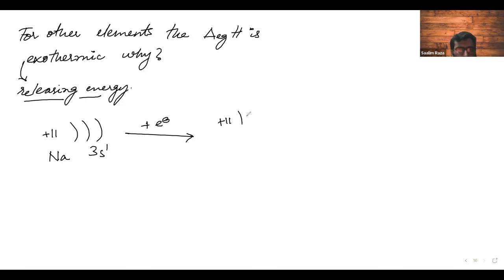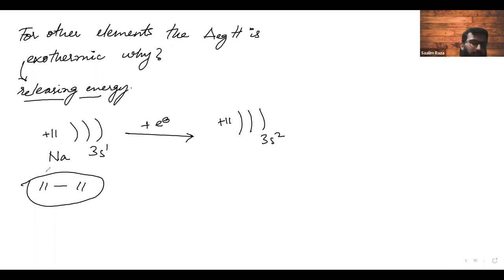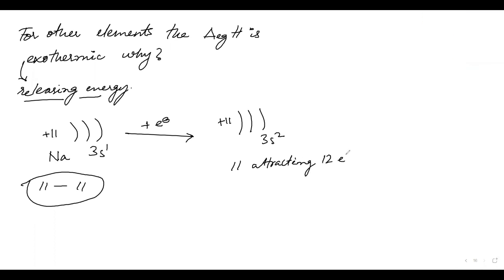Plus 11, 3s2. By moving from here to here, the number of attractions that was here was between 11 and 11. 11 protons had attraction with 11 electrons. Now we have 11 protons attracting 12 electrons, correct?